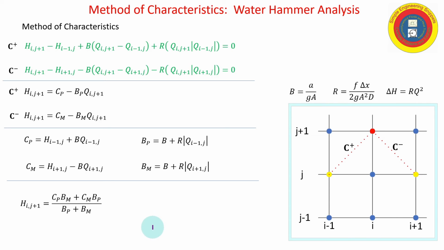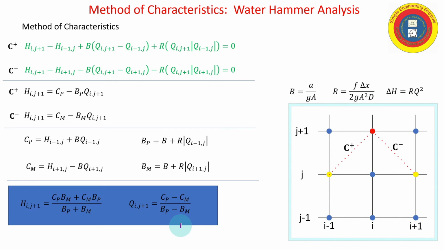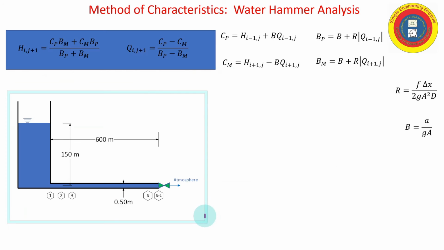Once I do that, I can solve for my two unknowns, head and flow, at the point i, j+1. A lot of algebra went through there straight out of the textbook. That's the purpose of this video. And I'm going to box those equations because we are going to be using those extensively.